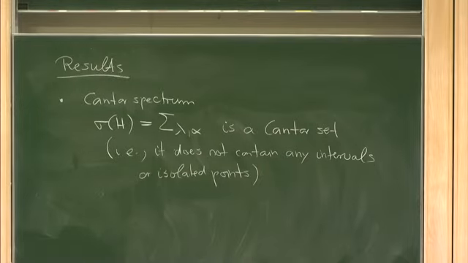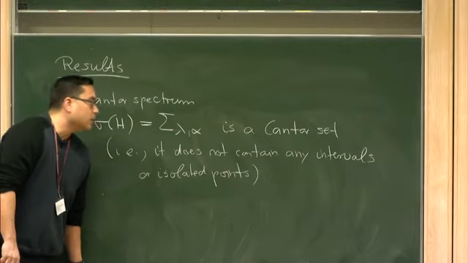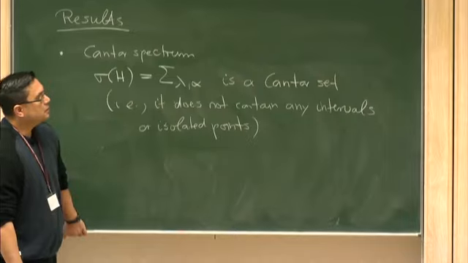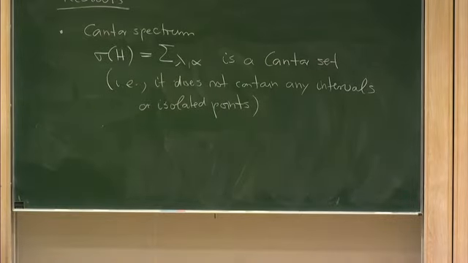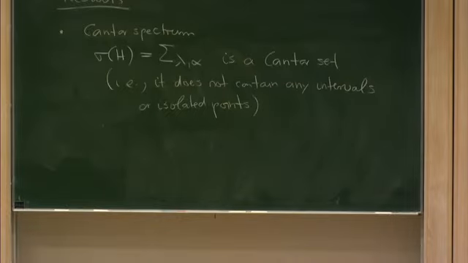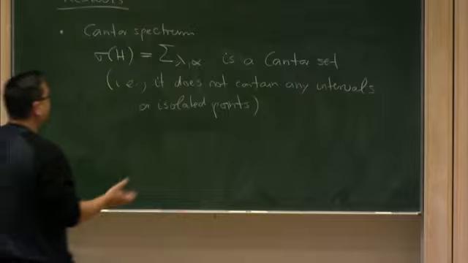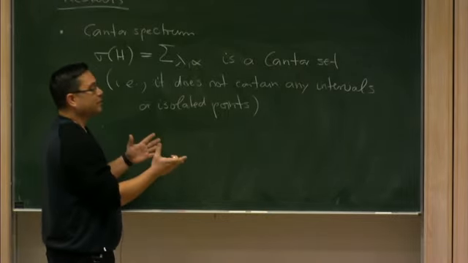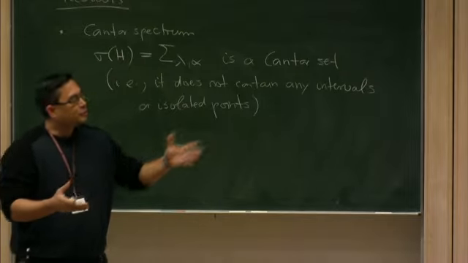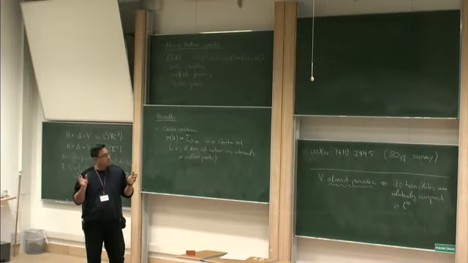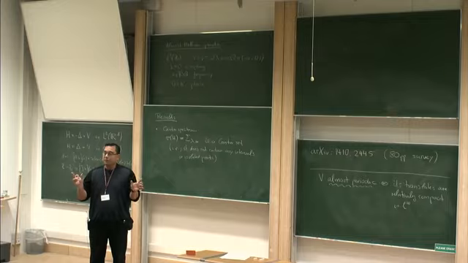Okay, so when the first examples of Cantor spectra were found in the early 1980s, this was a surprising phenomenon because all the classical atomic models, their spectra look quite different. They consist of nothing else but intervals and isolated points, right? So if you start from the periodic theory, you have these band spectra, unions of intervals.